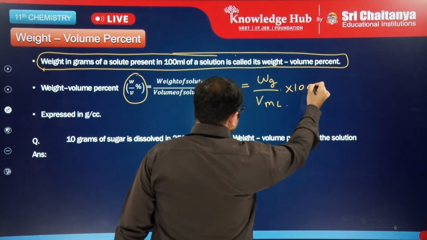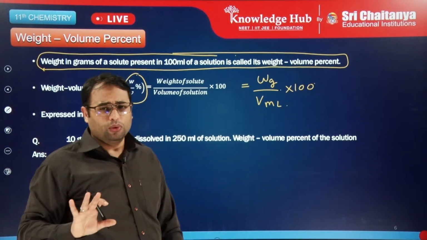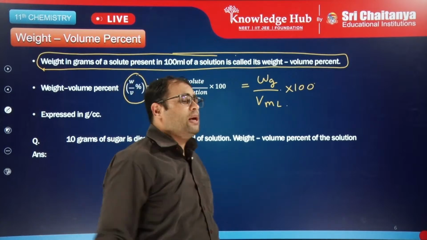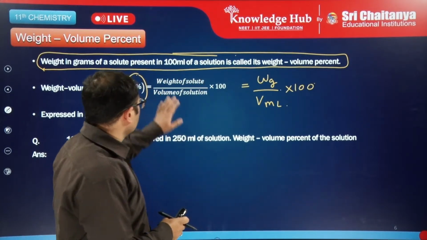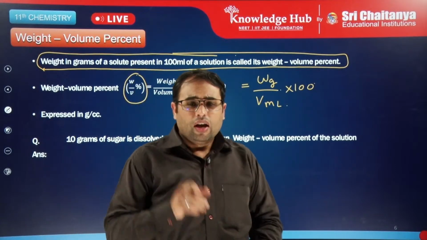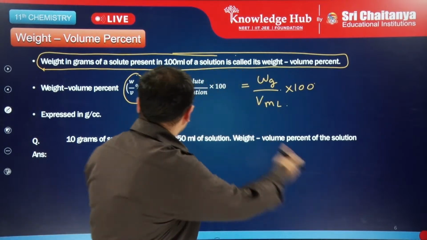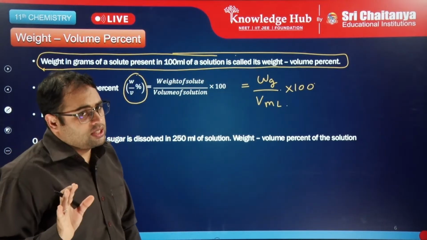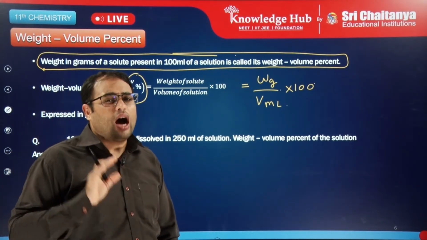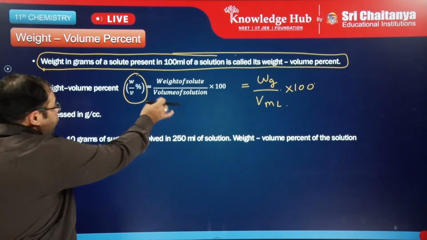So in most of the questions, this format is followed, and you also follow the same format. If weight is in grams of the solute, volume of solution you can take in mLs. This is the formula, but we now have to understand the true meaning of this formula.